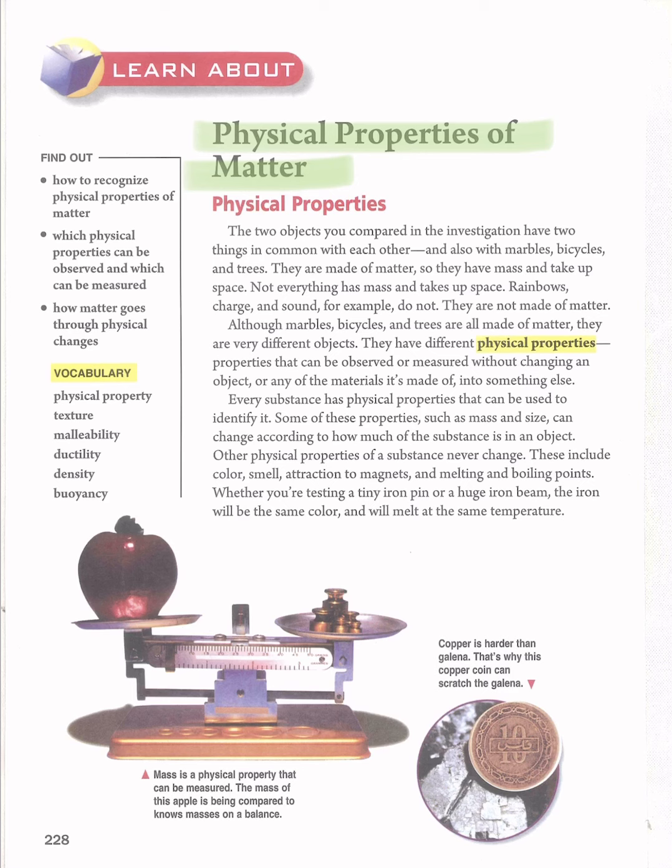Today we are learning about the physical properties of matter. Which properties are physical properties? Physical properties are the properties that can be observed or measured without changing an object or any materials it's made of into something else. It means those properties can make a change in matter, but this change will not make the matter into a new substance or a new structure.